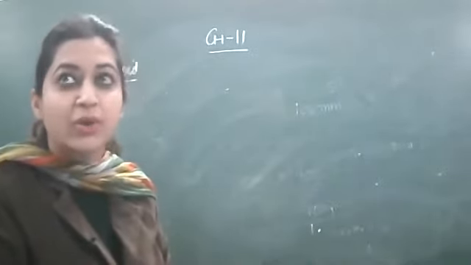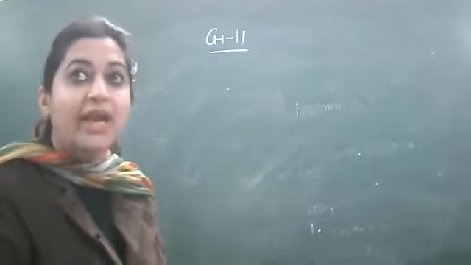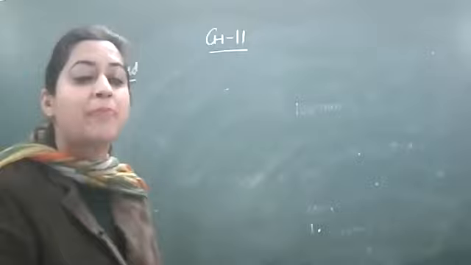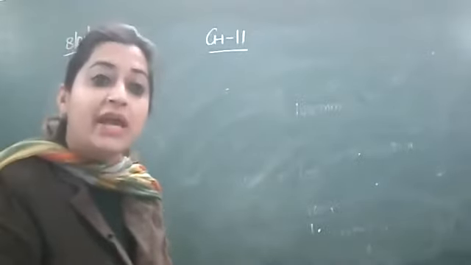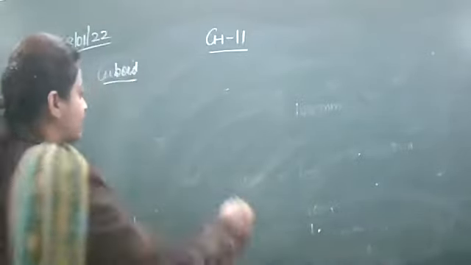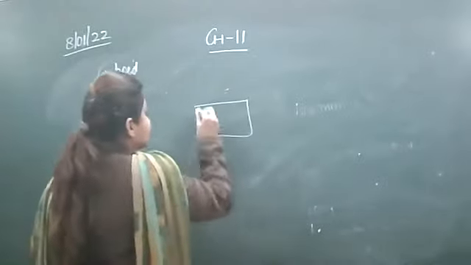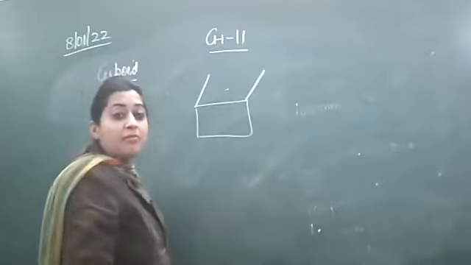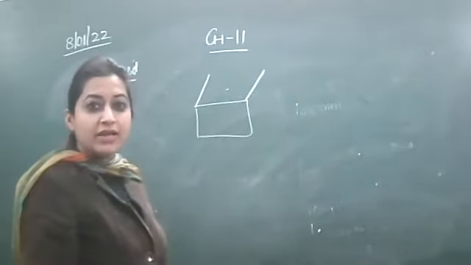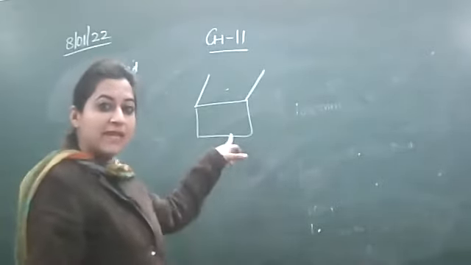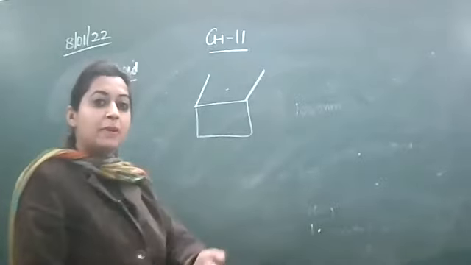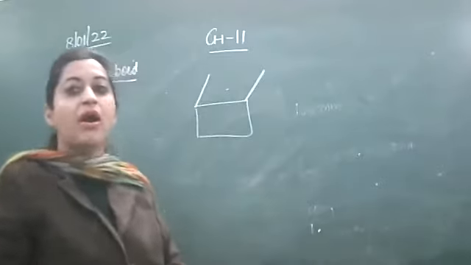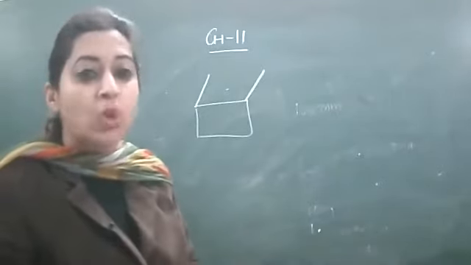Like I am standing in a room, it is in the form of the cuboid. It is having certain length, breadth and height. That's why it is in the shape of the cuboid. Whenever a plane surface rectangle is there and you raise the height of this, it will become a solid shape. पहले ये plane surface था ना, plane figure थी. जब आप उसकी height raise कर दोगे to some extent, then it will become a cuboid and it will become a solid shape.